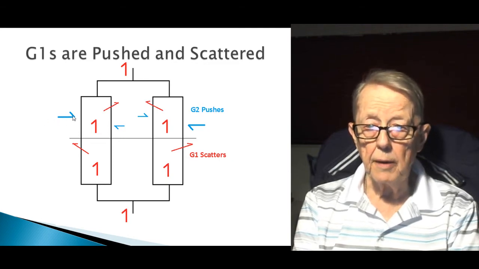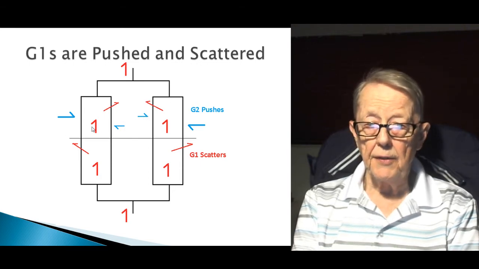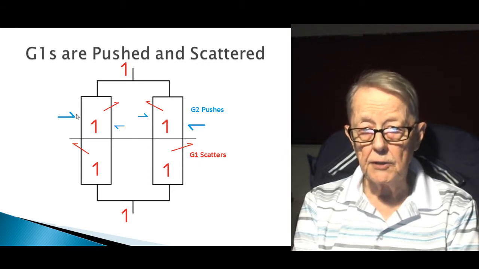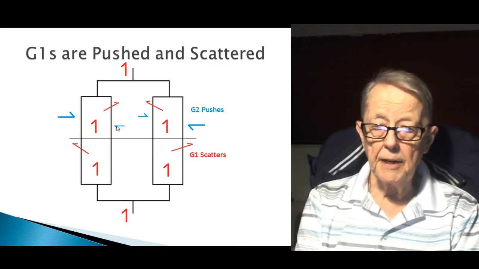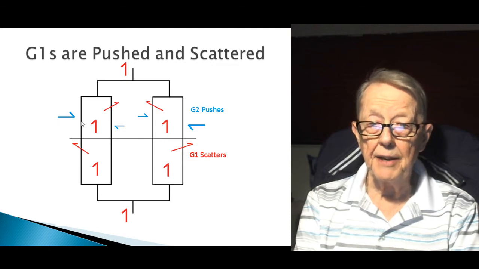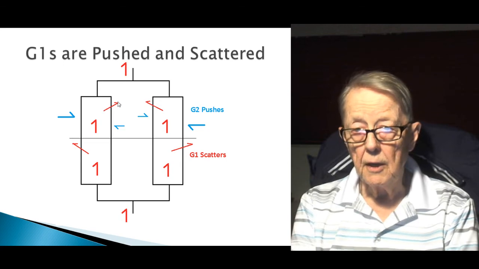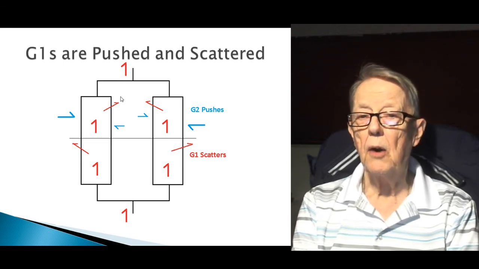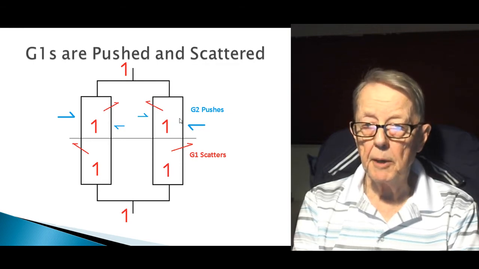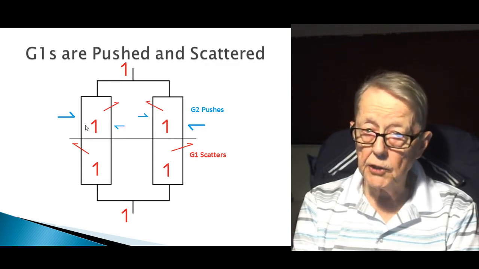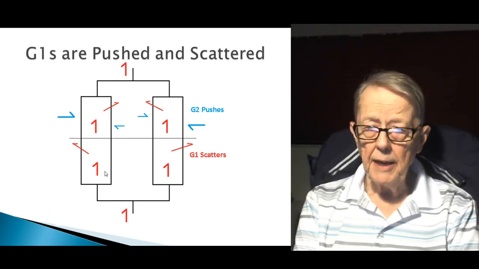We have G2 particles coming in, they're scattered or lost as they come through, so there are fewer. That sets up a force differential. This number of particles is fighting against the smaller number, giving a net force to the right. And I show the G1 particles being pushed out of the resistor in that direction, the same way here, because this is gravitational. This is G2 gravity. This is just hitting and scattering.